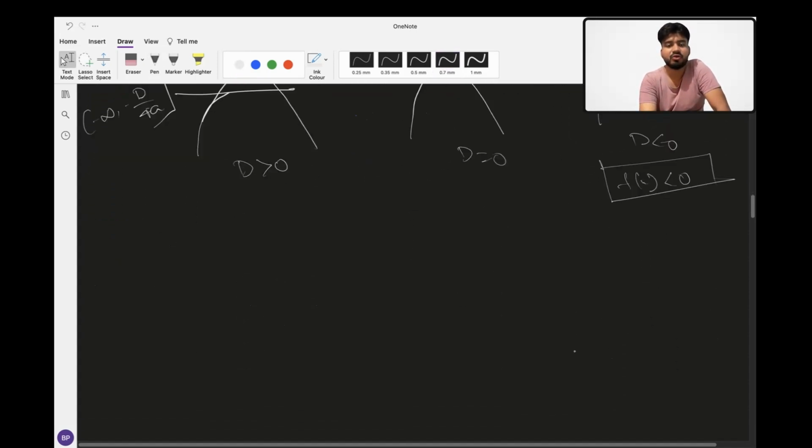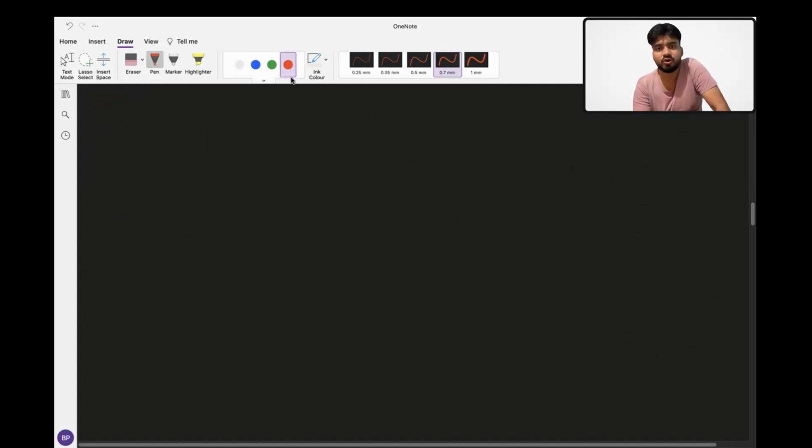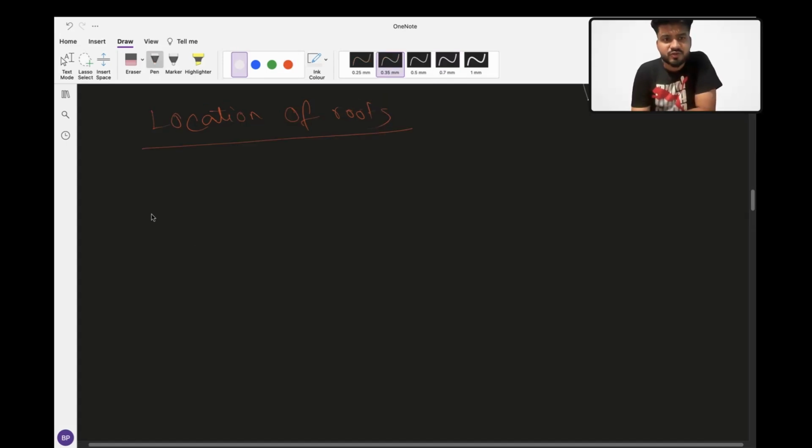Okay, now we'll proceed to location of roots. So first of all, I will consider the case if both the roots of the quadratic equation are greater than k.